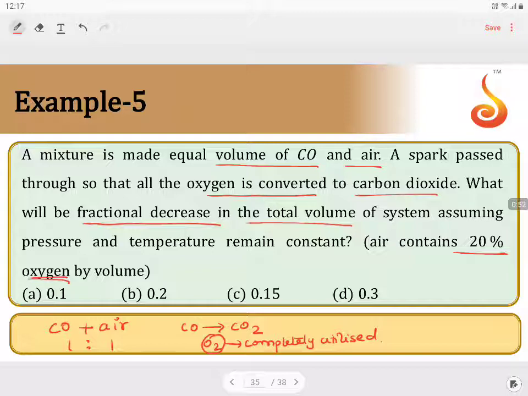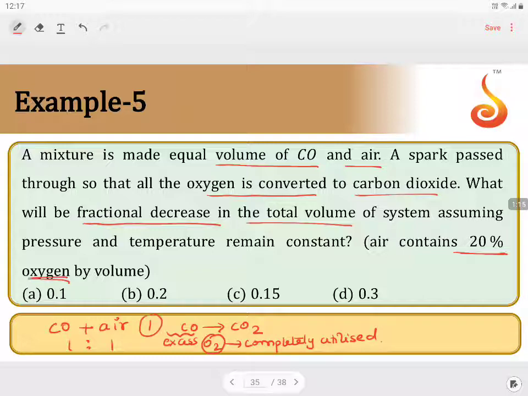So here CO can be the excess, where oxygen is the deciding factor for how much CO is reacted. Because oxygen is completely utilized in the process, only that much carbon monoxide as required for the oxygen to completely participate is converted into carbon dioxide. This is the first point to note.